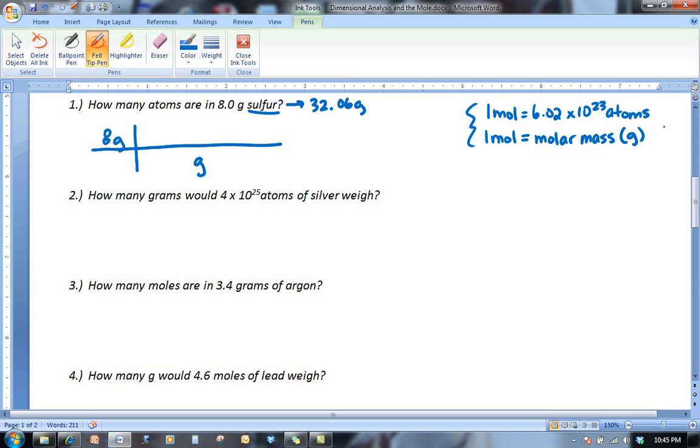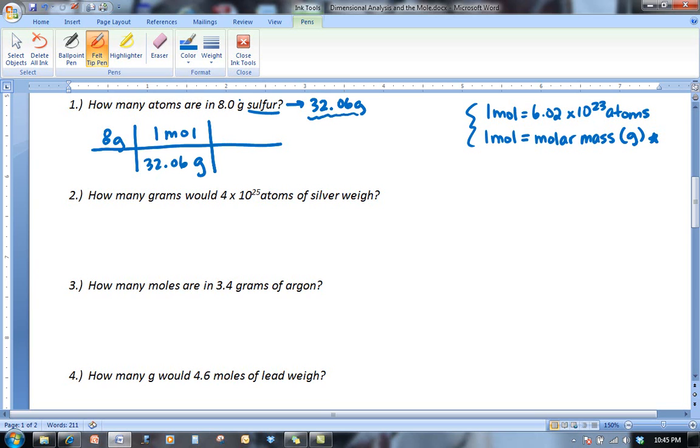Remember that the molar mass is always equal to grams. So this is going to be the first equation that I use. So I've got grams on the bottom, and I'm going to put 1 mole at the top. And as far as grams go, that's just the molar mass of sulfur, which we've already determined to be 32.06.